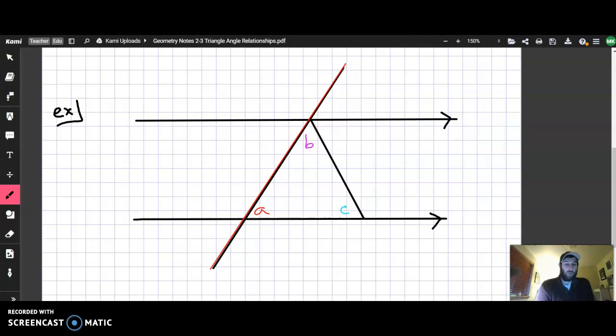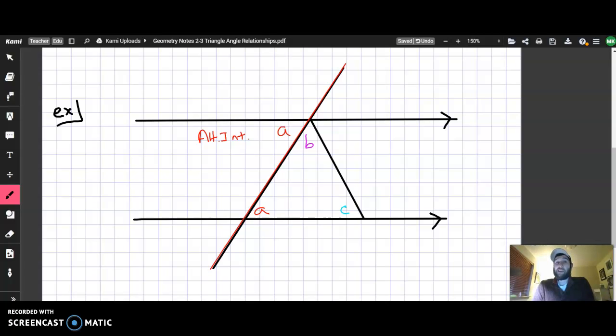And so, what angle is that? It's this one up here. And alternate interior angles are congruent. So this alternate interior angle is the same size as A. So I'm going to go ahead and mark that as A as well.